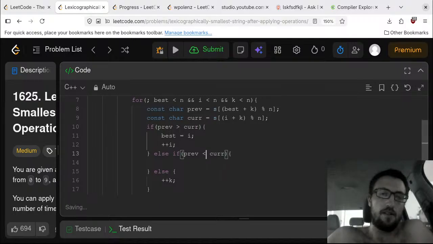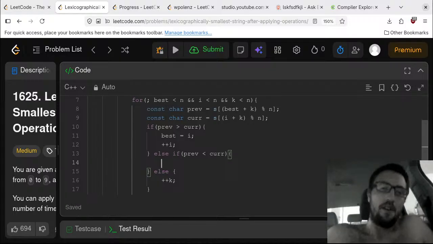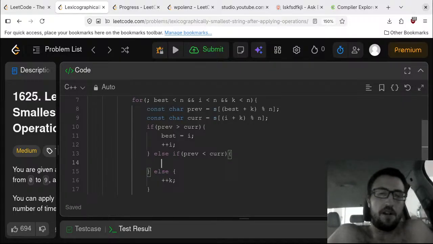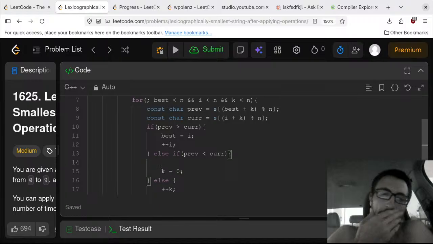If the current position is better, if the previous position, though, is better than current, then I think k is 0, and maybe still increment i.